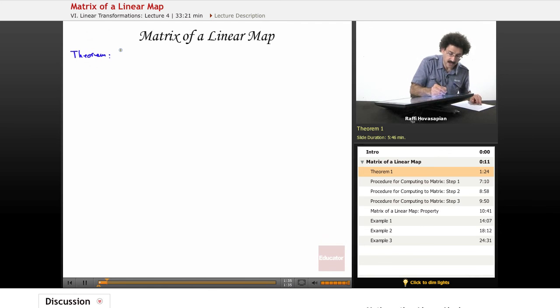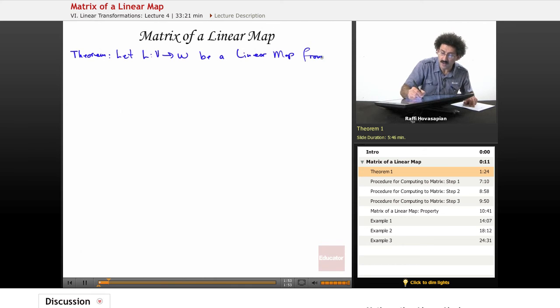Theorem. The statement of this theorem is a bit long, but there's nothing strange about it. Let L from V to W be a linear map from an n-dimensional vector space into an m-dimensional vector space.